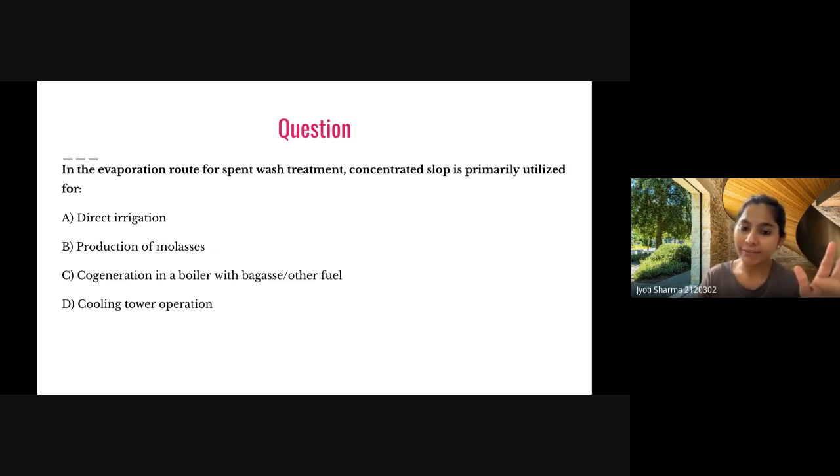Yes, we have already learned that whenever we have concentrated spent wash, or you can say slope, we can use it in the incinerator to burn it and generate electricity. So we have to use it for cogeneration of electricity in the boiler along with other fuel.